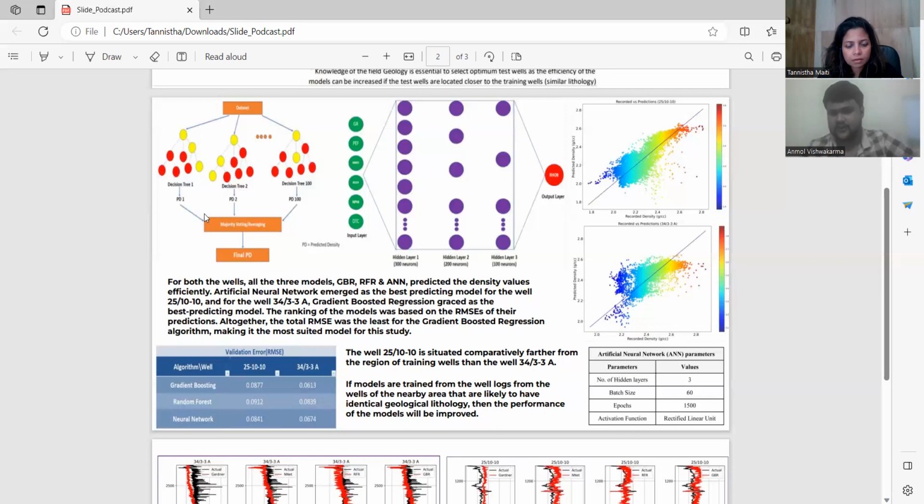We used three hidden layers, the batch size was 60, and epochs was 1500, with a rectilinear ReLU activation.